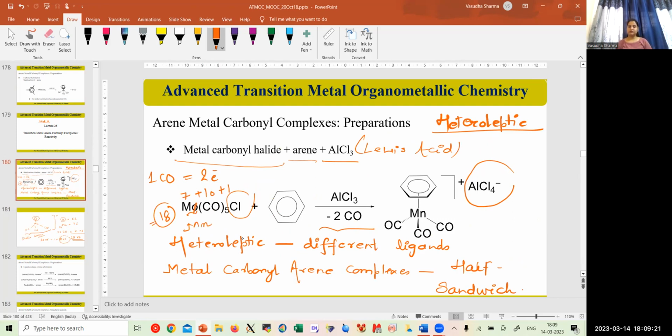The oxidation state of the metal is still +1, because of the Cl it was +1, and here due to the positive charge outside it is +1. But when we treat it with the Lewis acid, it converts a neutral species to a charged species. This is one method from which we can prepare your arene metal carbonyl complex.